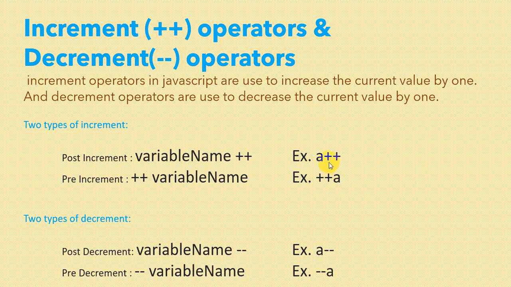And this operator is nothing but the increment operator, but it is used after the variable, meaning post. After means post, first we have the variable name, then we have the operator. So it is called the post-increment.